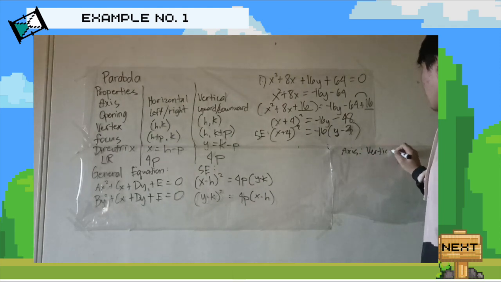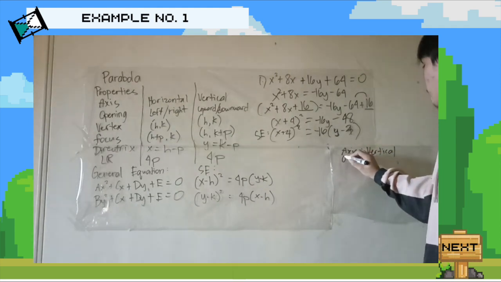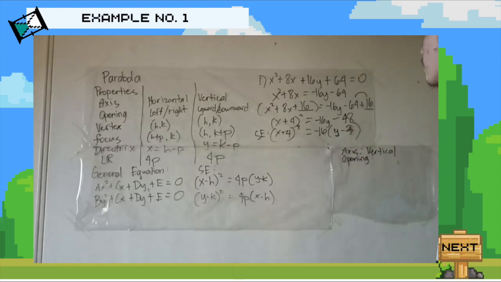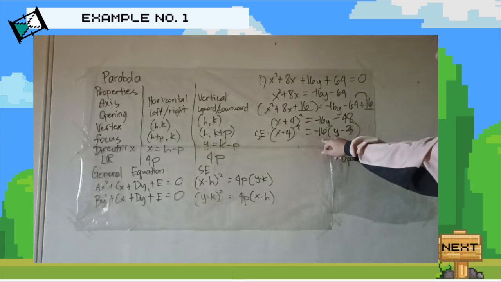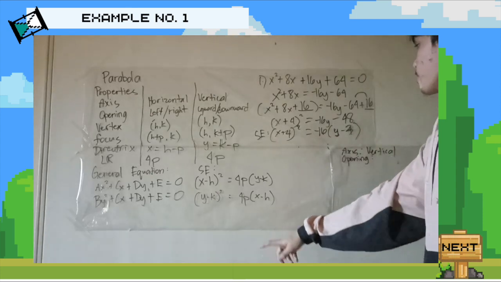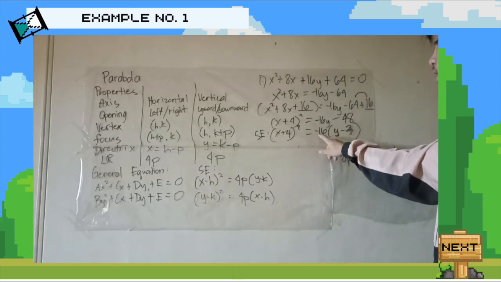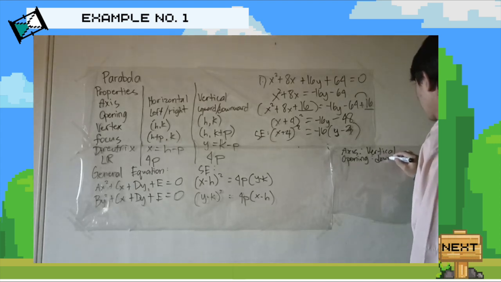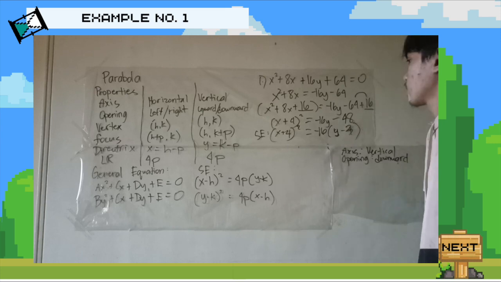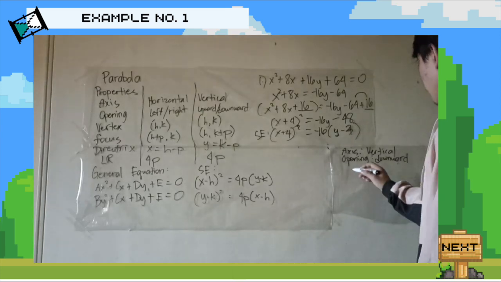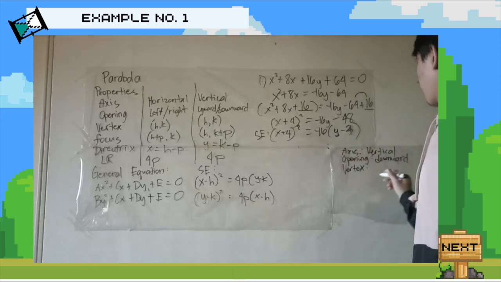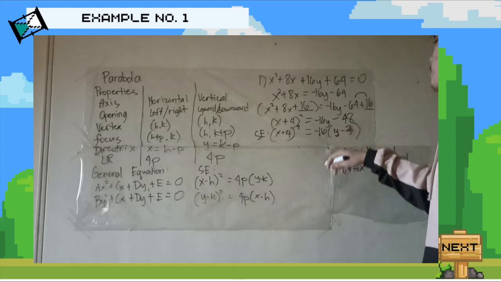To identify the opening, we just need to see the sign of 4p. Our 4p is negative 16, so it is negative, therefore our opening is downward. Next is to find the vertex. The vertex is negative 4, 3.